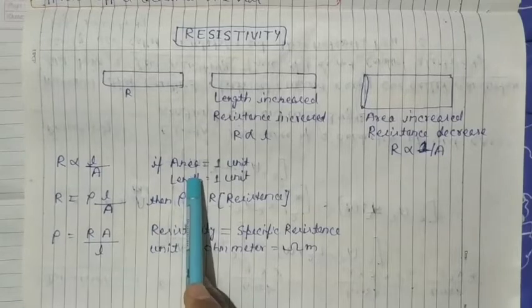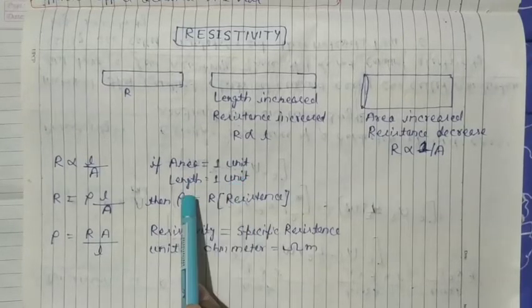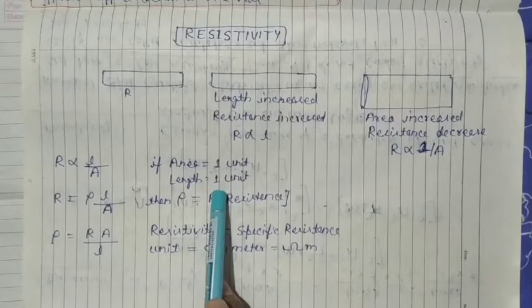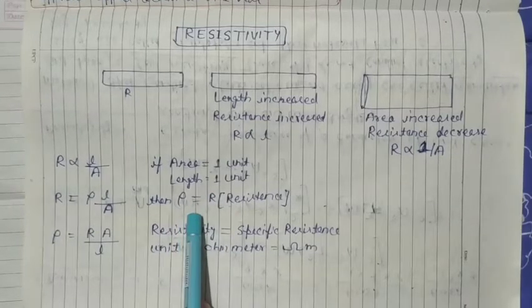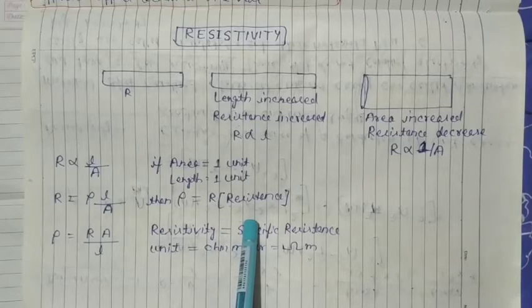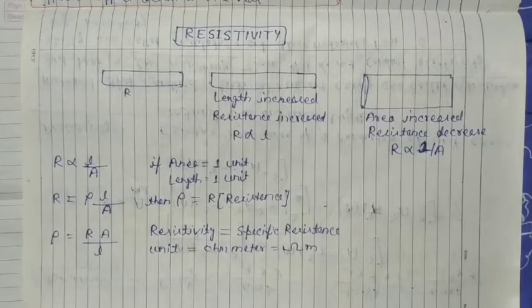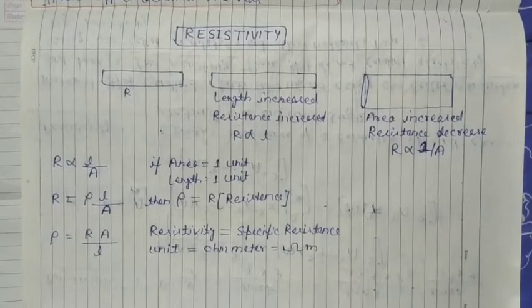If area is taken as 1 unit and length is taken as 1 unit, then rho itself is equal to R, the resistance of this conductor. Now the question is, what is the difference between resistance and resistivity?